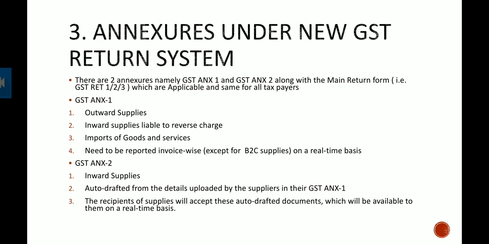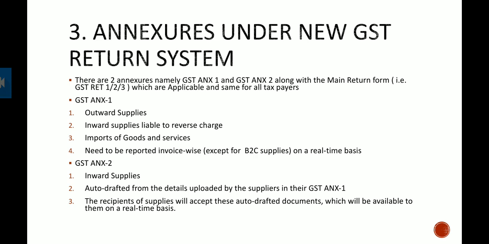Another annexure is in line with GSTR 2, which is not yet in effect. What is in effect is GSTR 2A, and GST ANX 2 is in line with GSTR 2A.